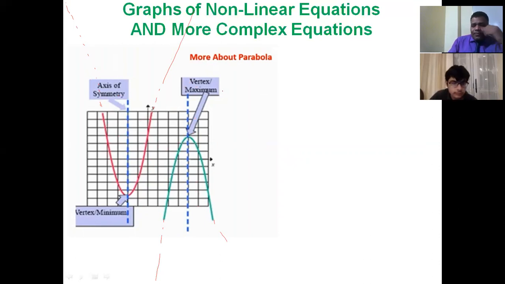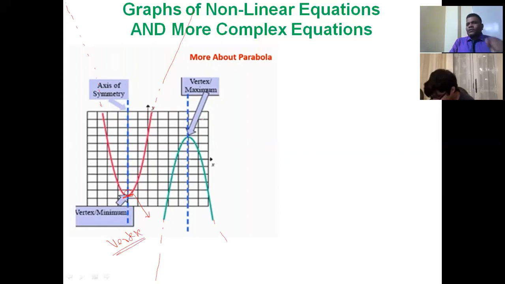But you find in both cases of the parabola, there is a point from where it takes a U-turn. In the case when the parabola is going up, this is the point from where the parabola turns and goes up. And this turning point is called the minimum or maximum, or a better word, we can say this is the vertex. First, you say this turning point is called the vertex.